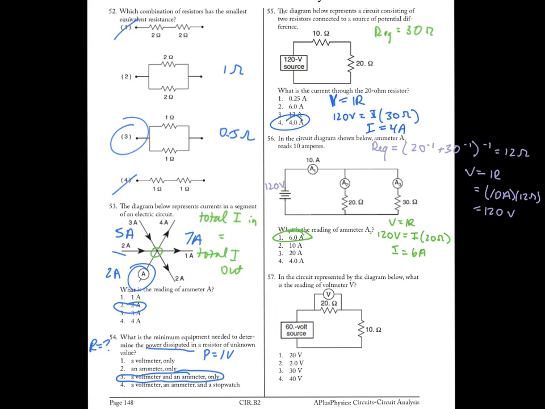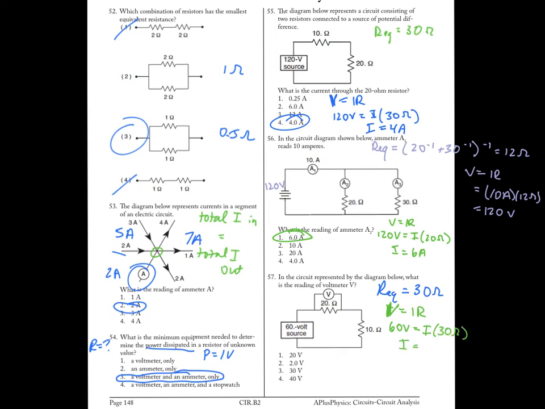57. What is the reading of voltmeter V? So this is a series circuit. 20 and 10 is 30 ohms. Our current, V equals IR. 60 volts equals I times 30 ohms.